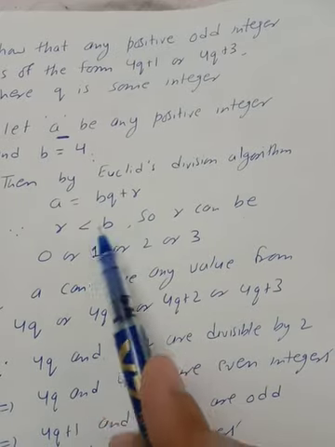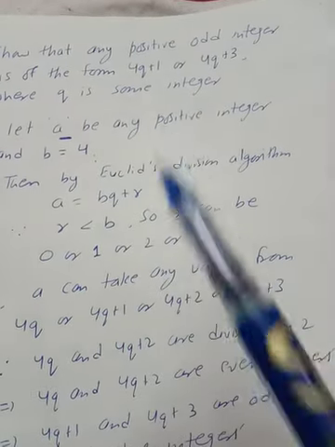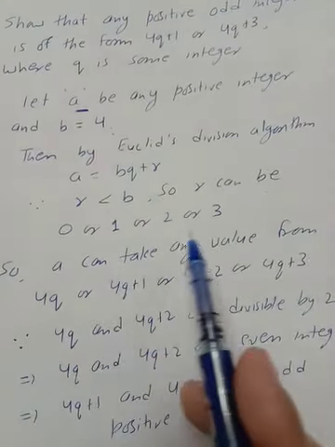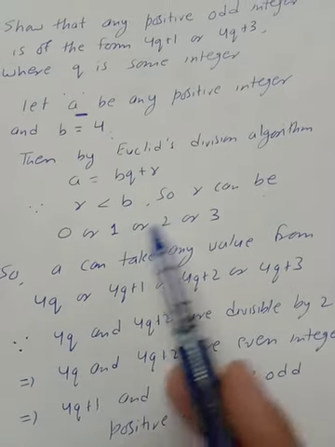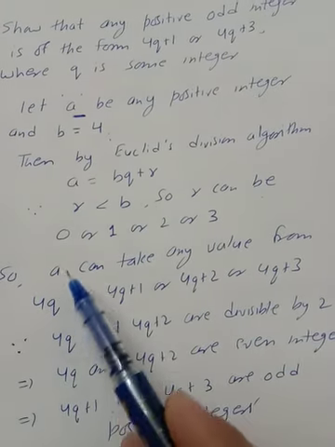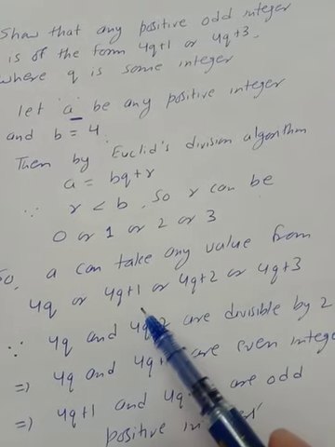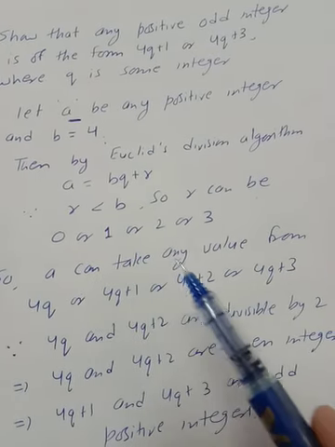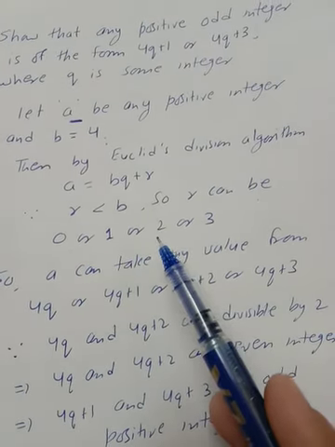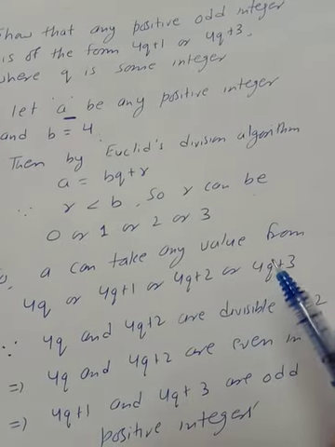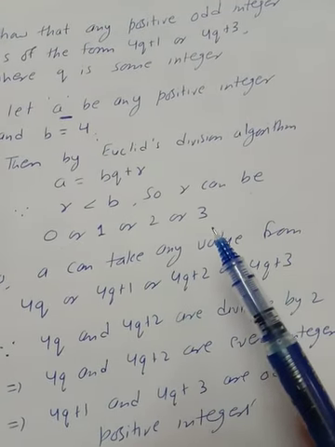All the values are less than 4. After that, if these four are the remainders, then a can be of the form 4q when the remainder is 0, 4q plus 1 when the remainder is 1, 4q plus 2 when the remainder is 2, and 4q plus 3 when the remainder is 3.